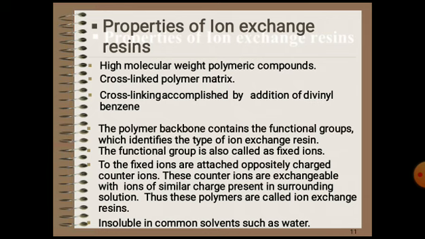To the fixed ions are attached oppositely charged counter ions. These counter ions are exchangeable with ions of similar charge present in the surrounding solution. Thus, these polymers are called ion exchange resins. They are insoluble in common solvents such as water.